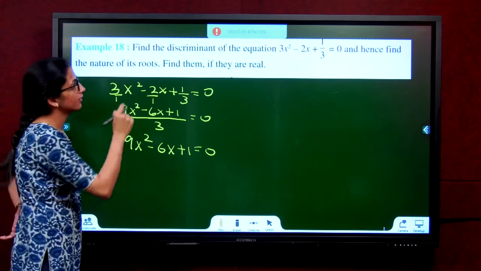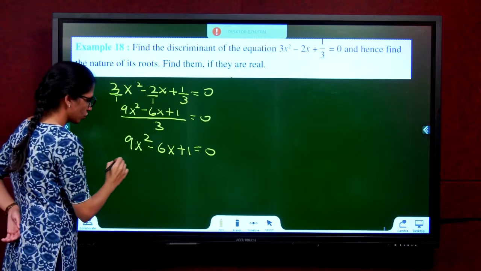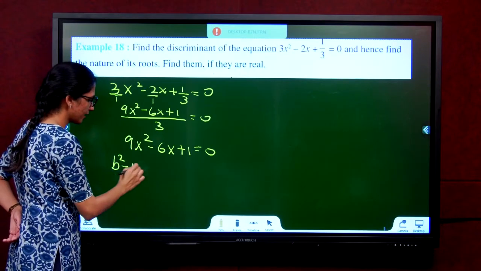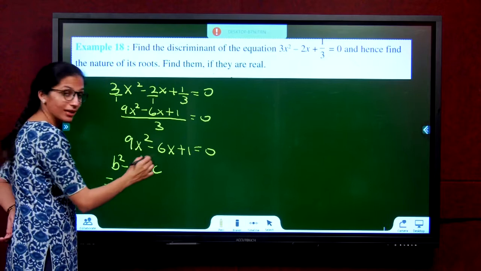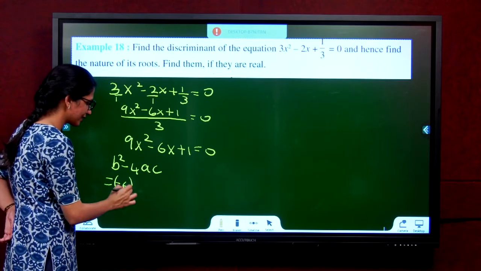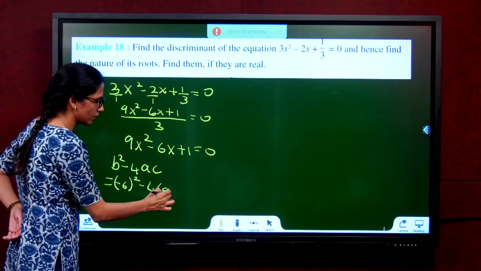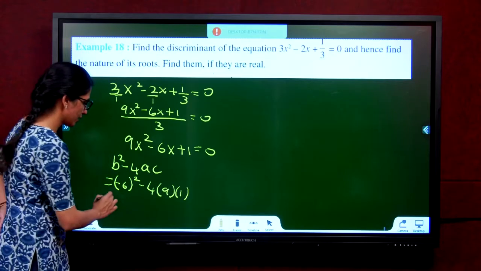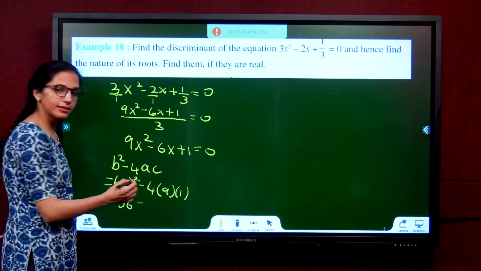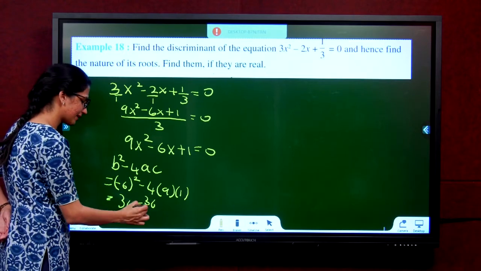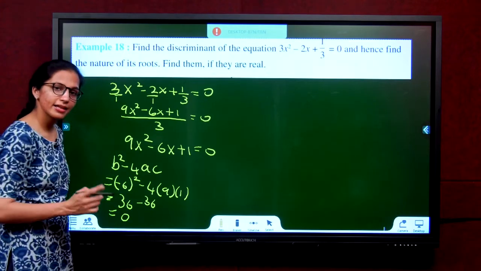Now, find the discriminant. So go ahead with b square minus 4ac. b square, minus 6 the whole square, minus 4 into 9 into 1. 36 minus 4 nines are 36. 36 minus 36, 0.